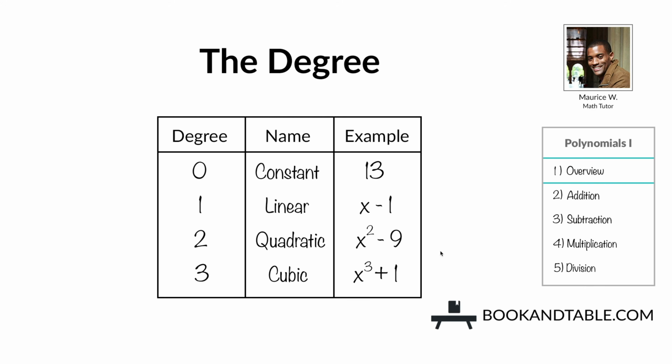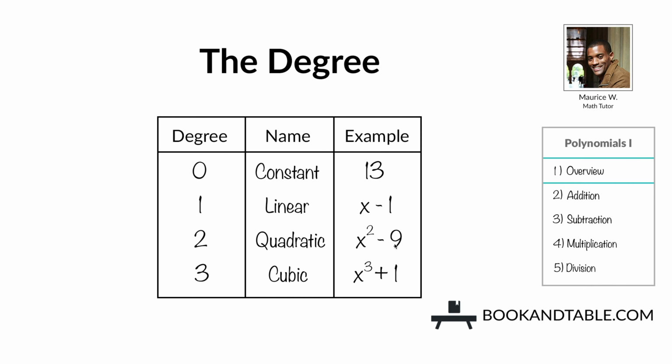Some special polynomials. A constant, again, which is a number, has a degree equal to 0. A polynomial is considered linear if the largest exponent in the polynomial is equal to 1, such as x minus 1. The exponent of x here is 1, so the degree of that polynomial is 1. You also have quadratics that have a degree equal to 2 because the largest exponent in the expression is equal to 2.